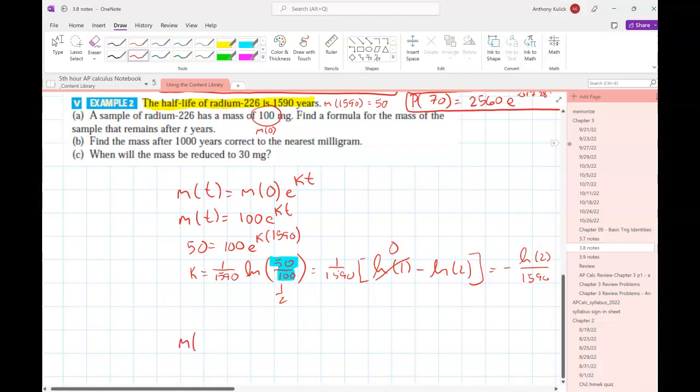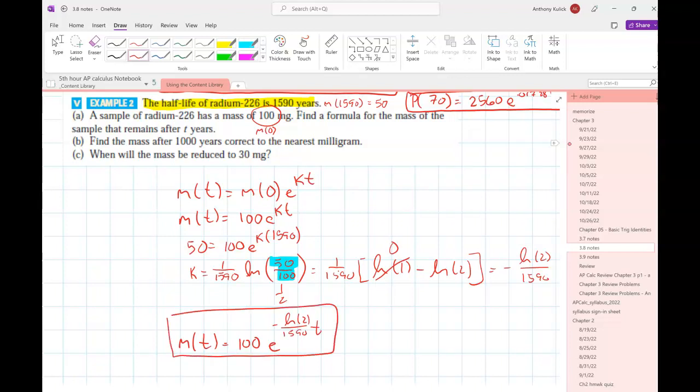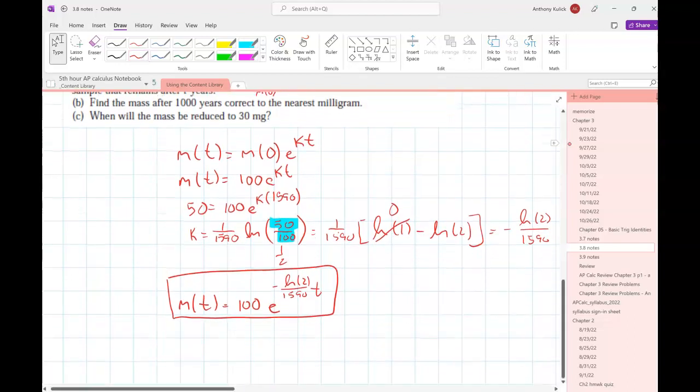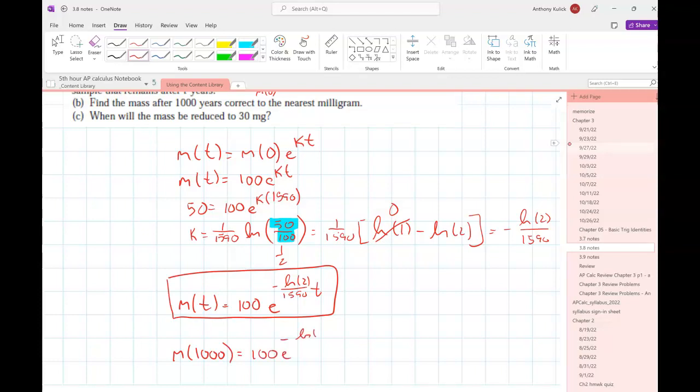So our final answer, or their final answer that they wrote for part A, was this. And then it says, find the mass after 1,000 years. Okay, so what am I doing there? Just plugging in 1,000.